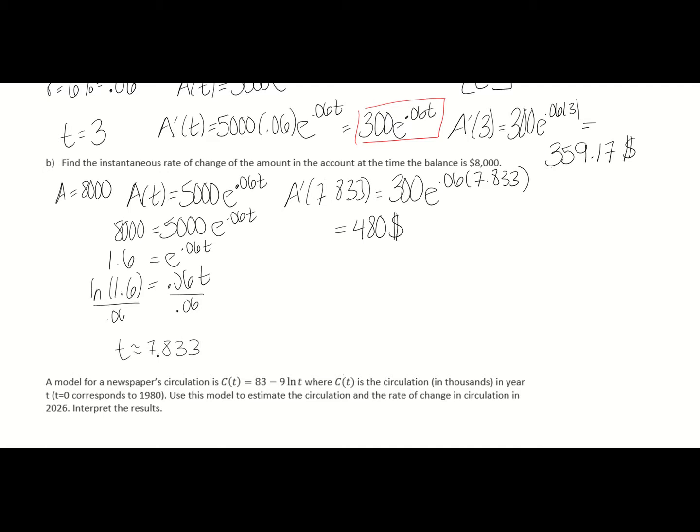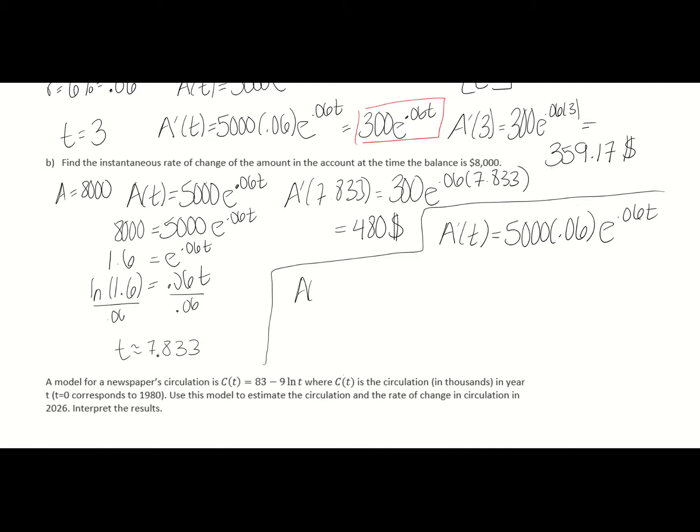Now the other way, which is a little bit trickier to see, but I'll still show it to you, is to realize that A prime of t was 5,000 times 0.06 e to the 0.06t.